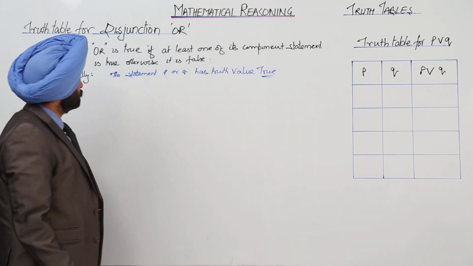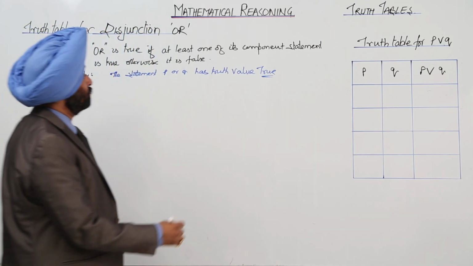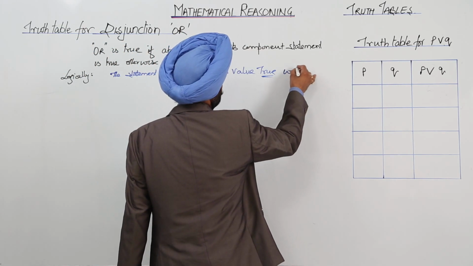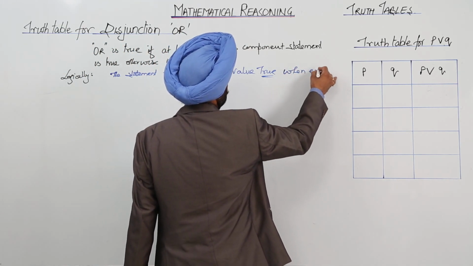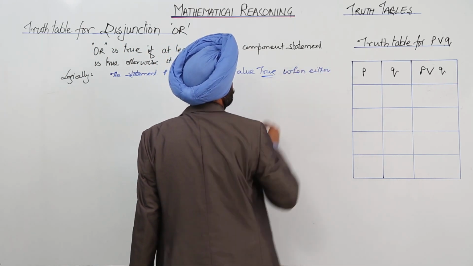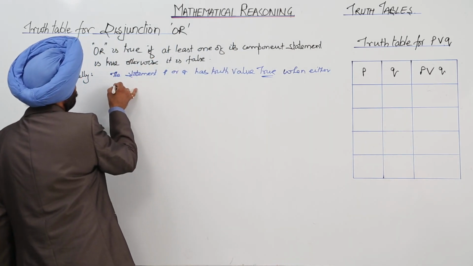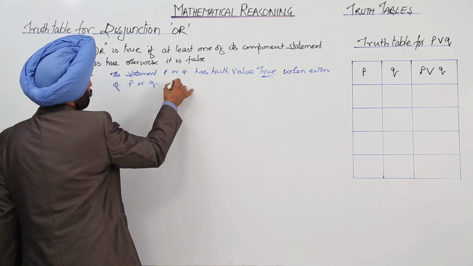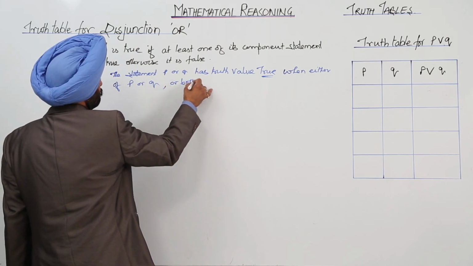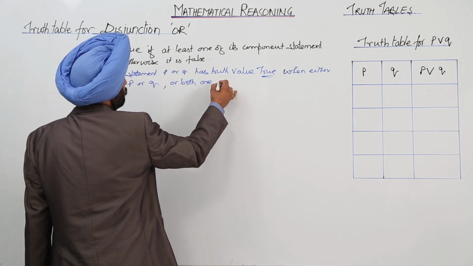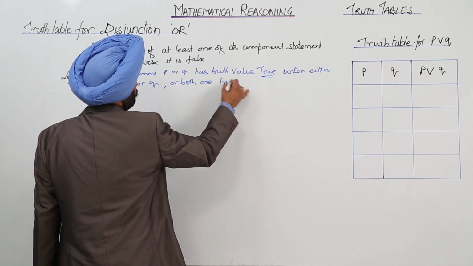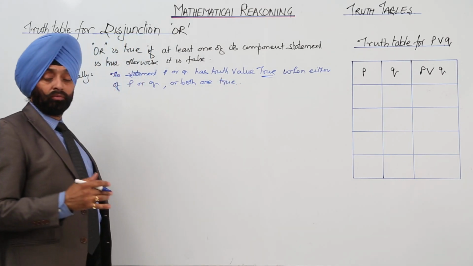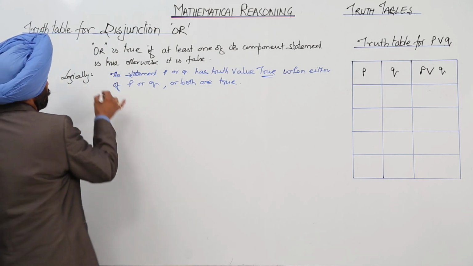The statement P or Q has truth value true when either of P or Q or both are true, or their truth value is true.